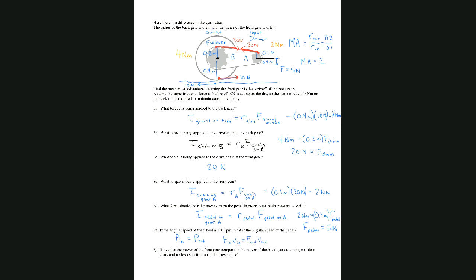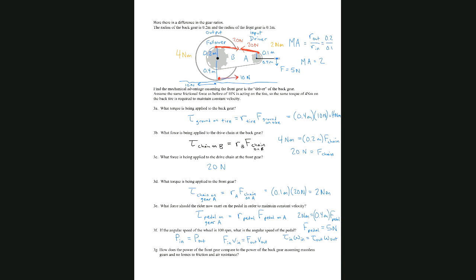But a better formula to use here in this situation would be the other version of this, the rotational version, which says that the torque input times the omega at the input has to equal the torque at the output times the omega at the output. Let's see what happens when we plug in our numbers.